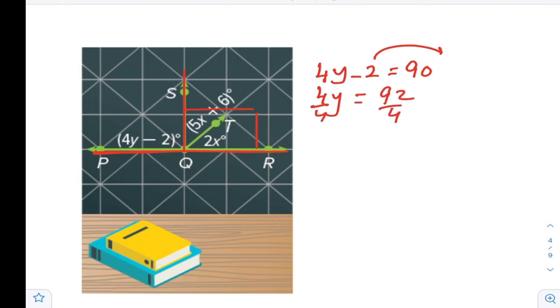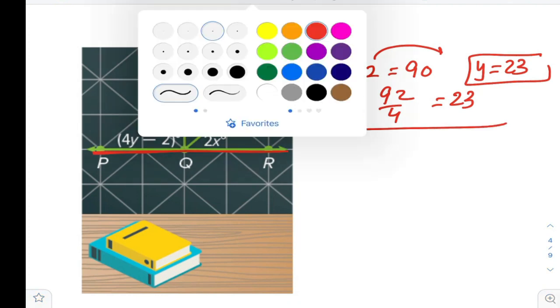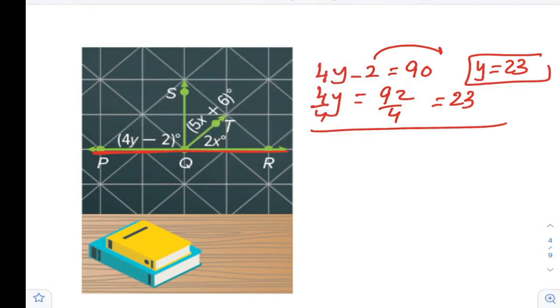When you divide, 92 over 4 is 23. So y is 23. If you want to find x, actually, this angle together with the other one makes a right angle. So that means they are complementary. هذا كله 90 degrees. All of it كله 90.